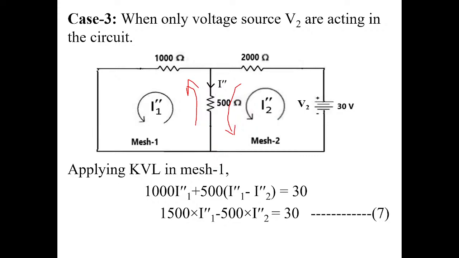This current is upward, this current is downward, both are in opposite direction, therefore differential current will flow through 500 ohms according to whatever loop current direction I have assumed. I have assumed both loop current directions in anti-clockwise direction, isn't it?